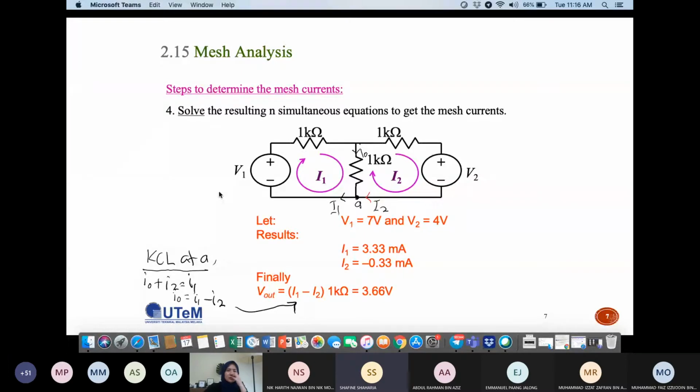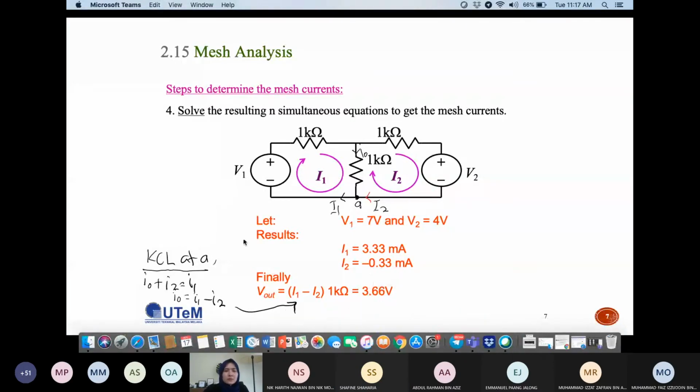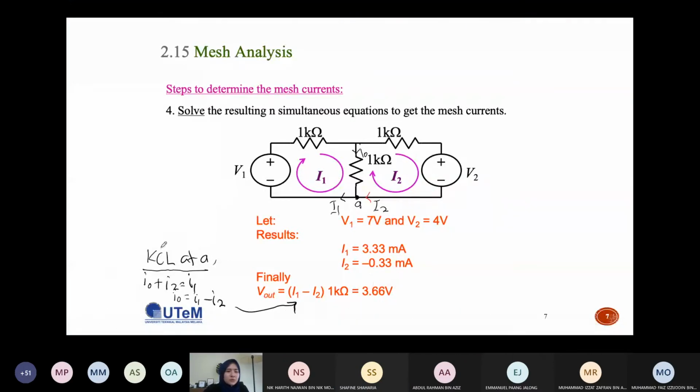Okay, so we continue this one. Back to our slide just now. So from this equation, remember you get the first equation is 2000 I1 minus 1000 I2 equals to V1.